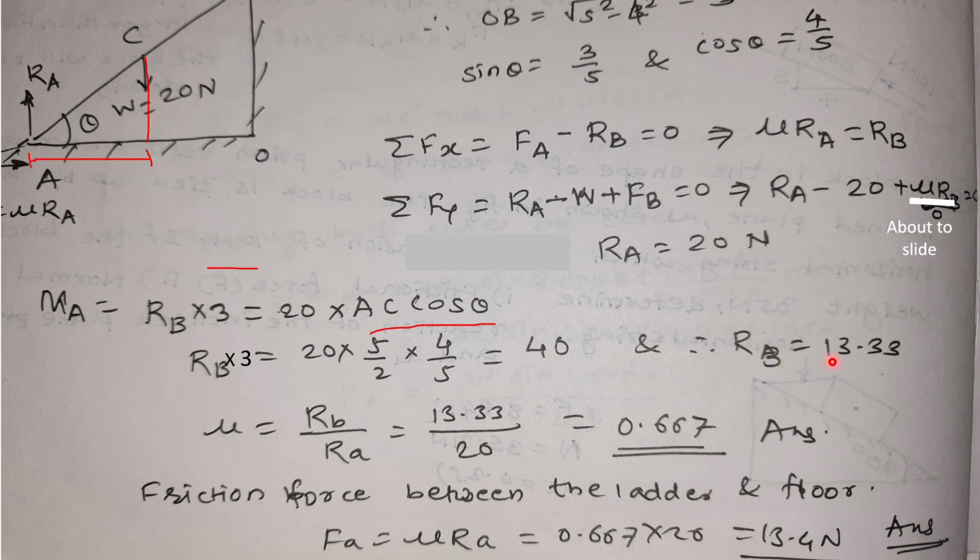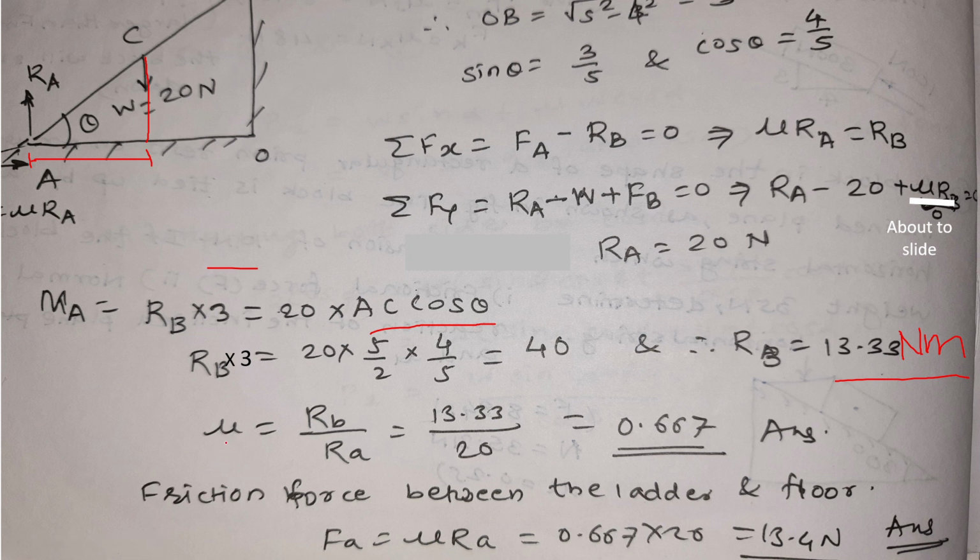Therefore Rb is equal to 13.33 Newton. Always give the unit, because without unit the numbers are meaningless. Units are very important.